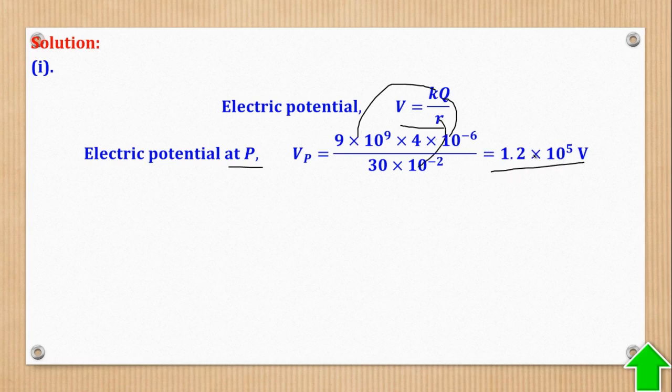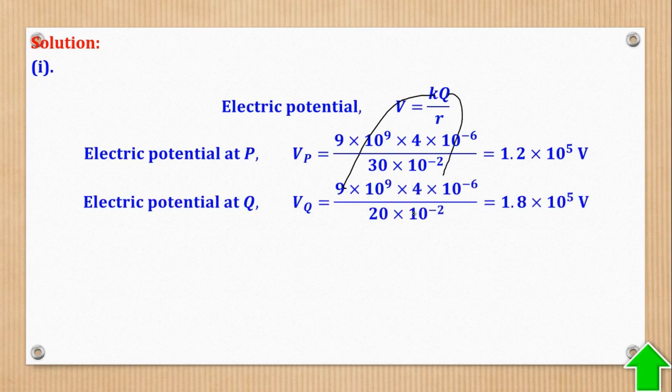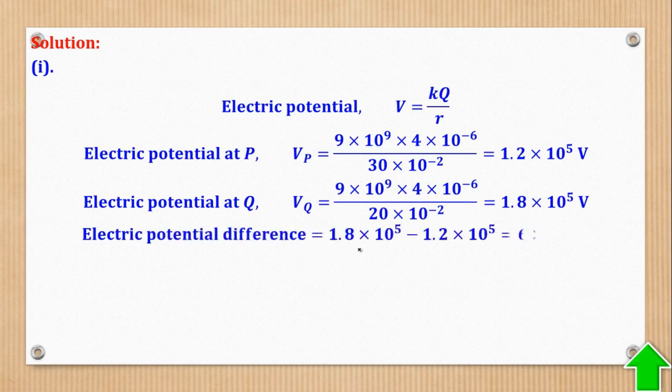So you come up with this as the electric potential at P. Do the same for electric potential at Q. The charge is the same and the separation was 20 centimeters, converted to meters, to come up with this as the electric potential at Q. Therefore, the electric potential difference will be, you subtract the two to come up with this. So that was Roman 1.